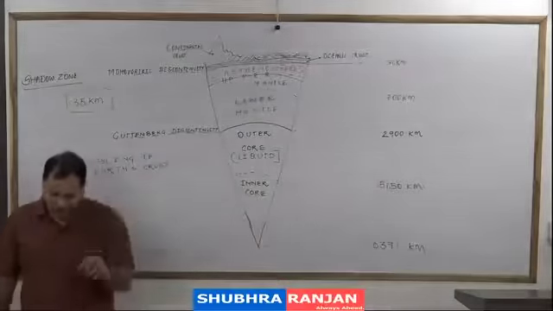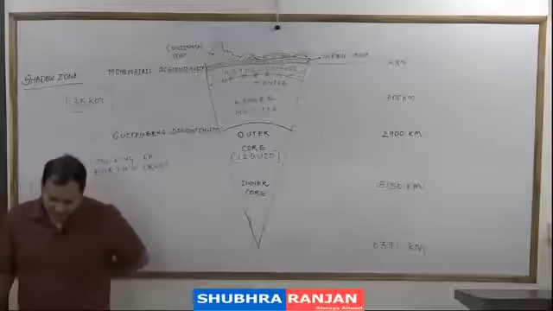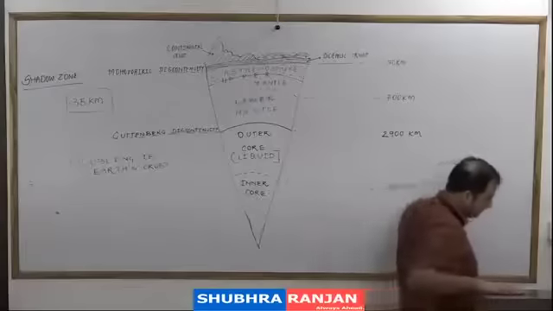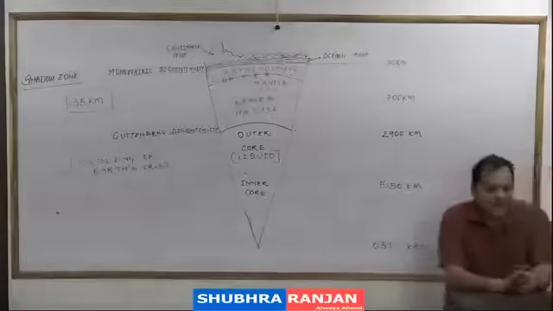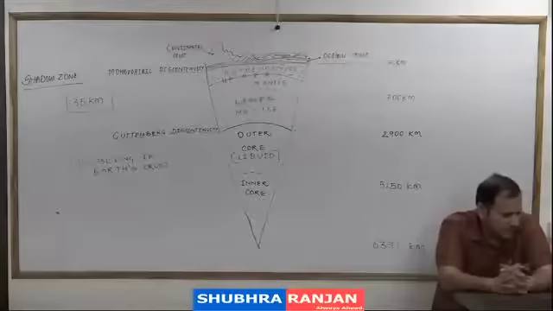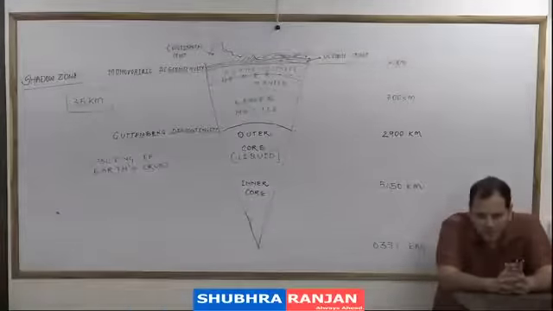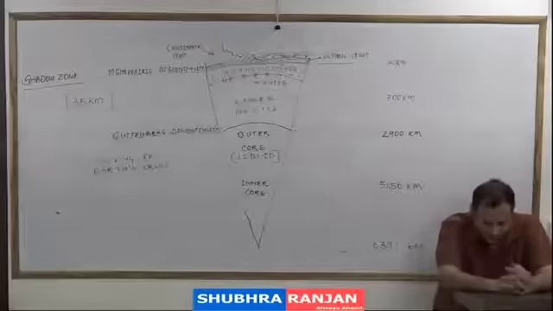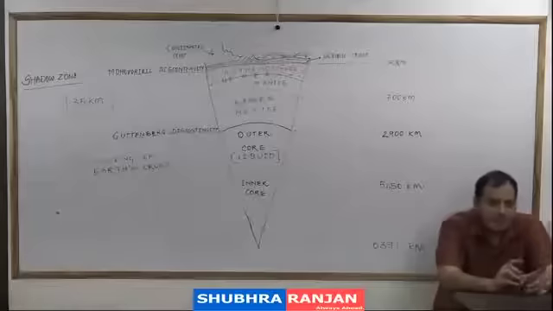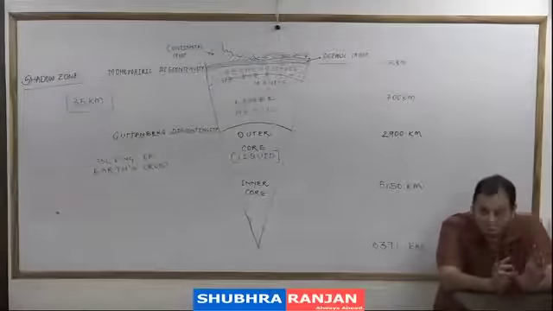Example, basalt. Its average thickness is 5 kilometers. It can be 0 kilometers also at some places, but उसका average thickness is somewhere around 5 kilometers.